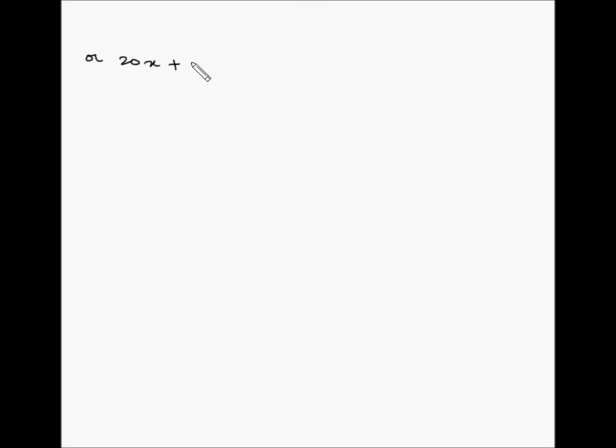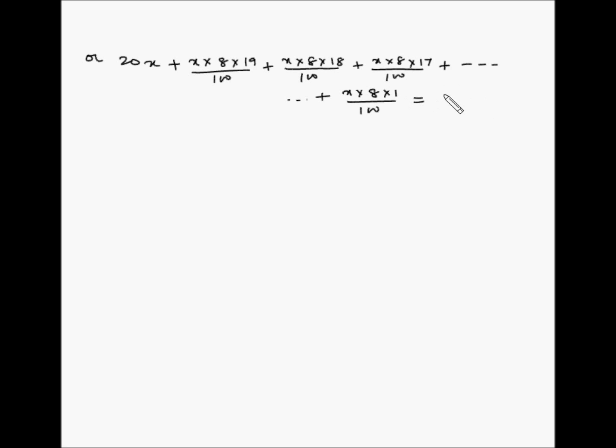X multiplied by 8 multiplied by 19 divided by 100 plus X multiplied by 8 multiplied by 18 divided by 100 plus X multiplied by 8 multiplied by 17 divided by 100 plus and so on, X multiplied by 8 multiplied by 1 divided by 100 is equal to 260,000.